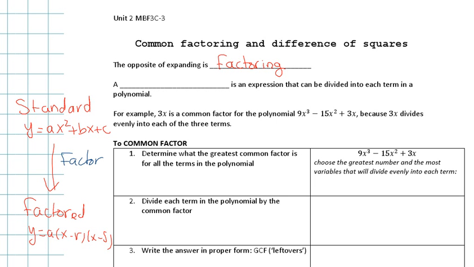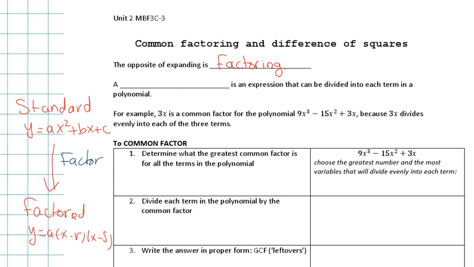There are three different ways that we're going to learn in this course to factor. The one that you always have to start with, the first question you always ask yourself, is: do I have a common factor? That's always the first thing you want to factor out, if you have it.